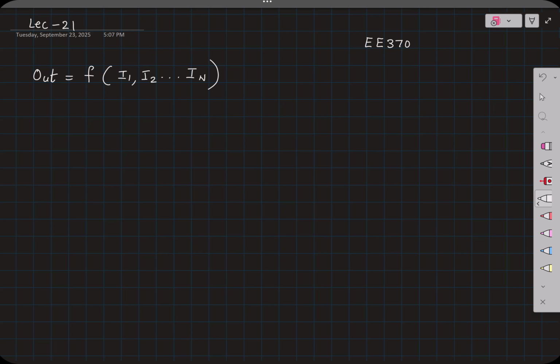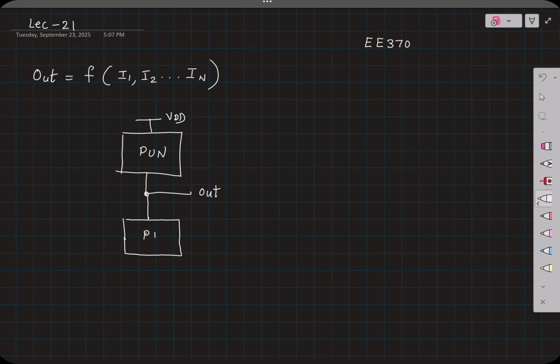And we said that we are going to build this in a complementary static CMOS logic based fashion, wherein you will have a pull up network that connects your output to VDD, a pull down network that connects your output to ground, and all of these inputs are fed to both the pull up and the pull down networks.